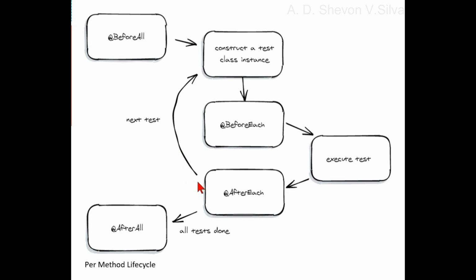Next test is passed from @AfterEach to construct test class instance. After all tests are done, it is passed from @AfterEach to @AfterAll.